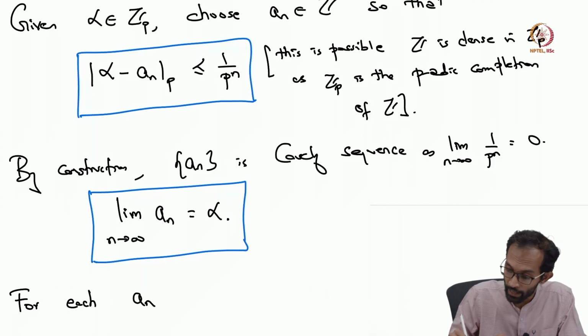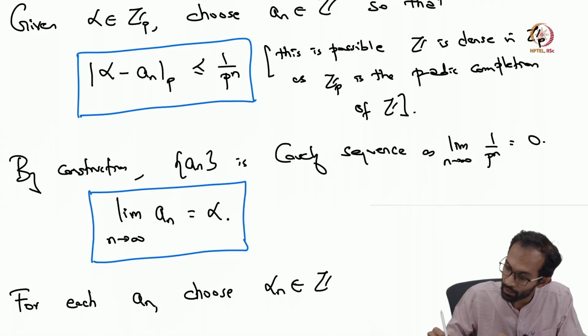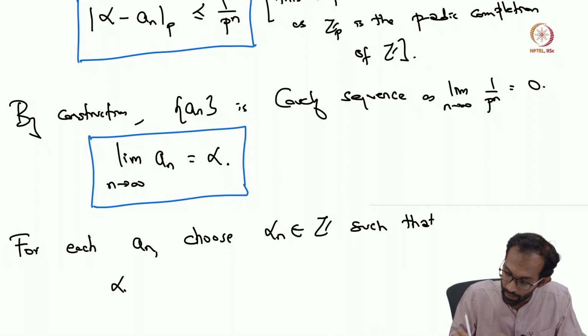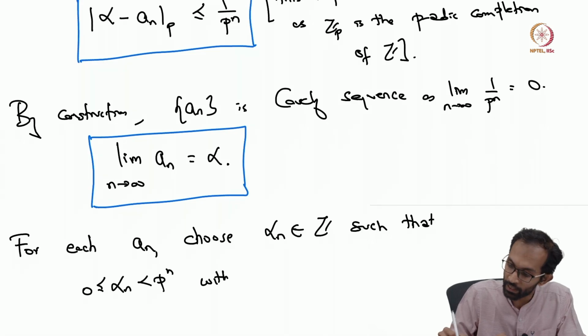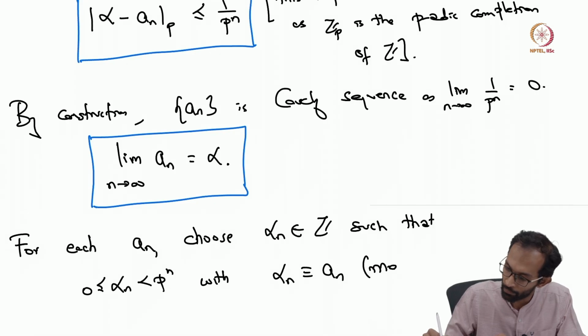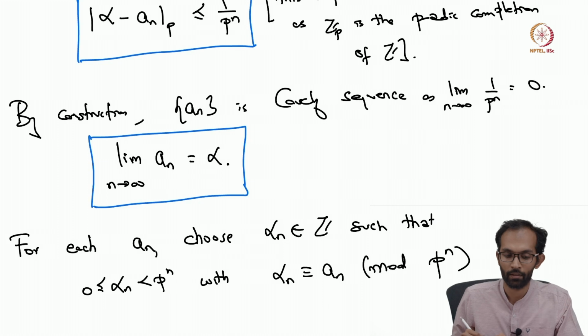Now for each a_n, I choose an alpha_n in Z such that this alpha_n is between 0 and p to the n, with the property that alpha_n is congruent to a_n mod p to the n.